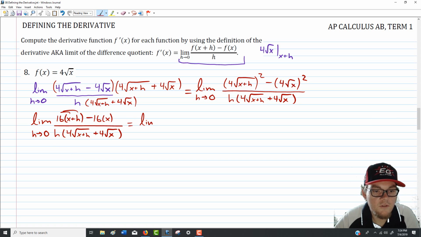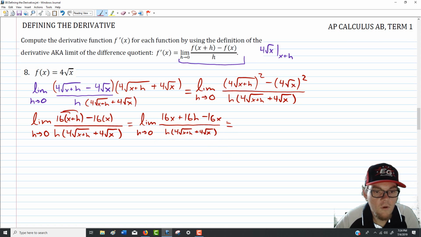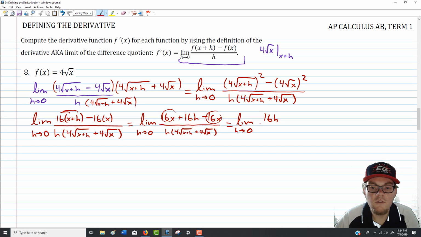Should I do that extra algebra step? Yeah, I can. 16x plus 16h minus 16x, and of course that zeroes those guys out. Means we end up with the limit as h goes to 0 of 16h over h times that thing down there.